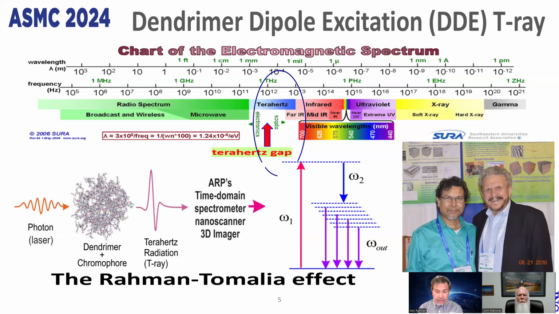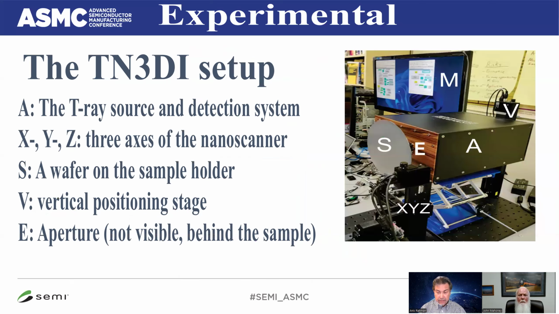So this is the basis of the Rahman-Tomalia effect. And as the energy band diagram here shows a little bit, there are multiple quasi-stable states within the Fermi level of the material, and those quasi-level states enable the broadband radiation.